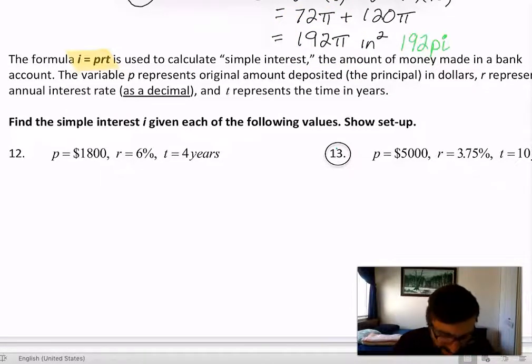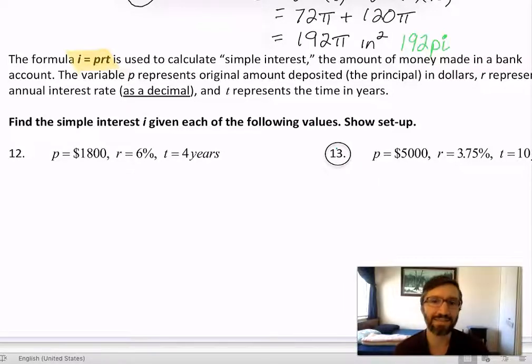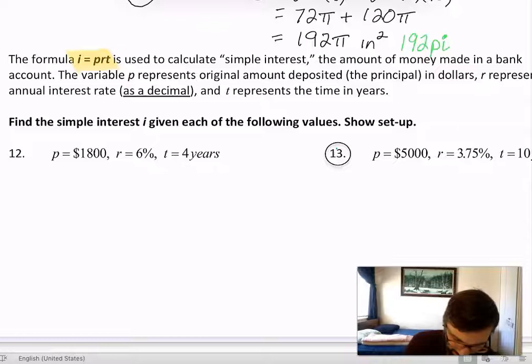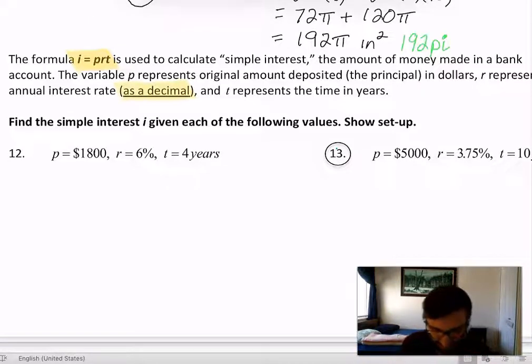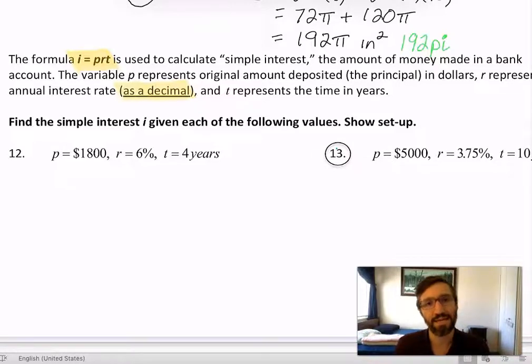The variable P represents the original amount deposited. We use P as in the principal, not the principal like Mr. Moen, but the principal as in the original amount deposited. And that's in dollars. R represents the annual interest rate as a decimal. That's really important, so I'm going to highlight it: as a decimal. And T represents the time in years. So the question is, find the simple interest I, given each of the following values, show your setup.